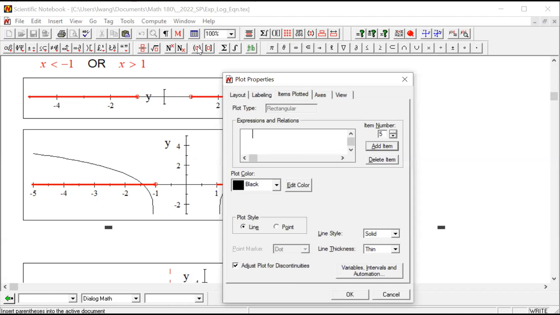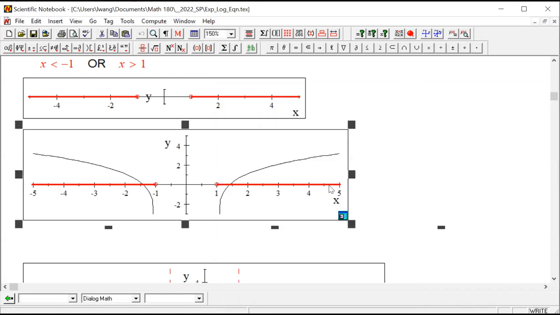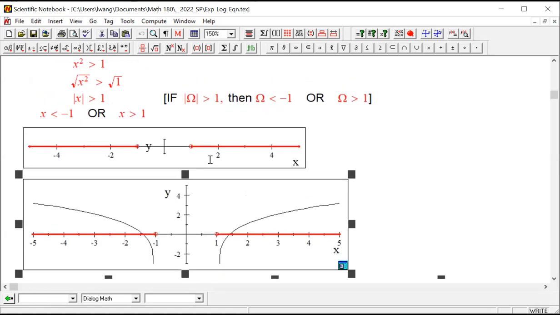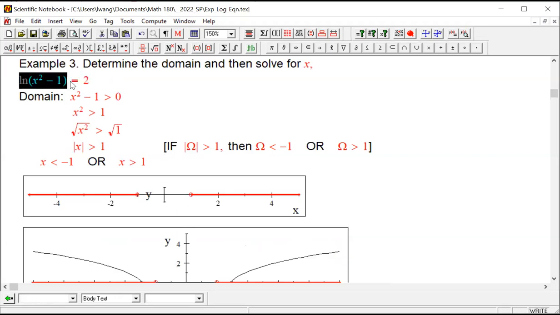If you see the domain and you see the picture, that's the picture of the logarithm of x squared minus 1.